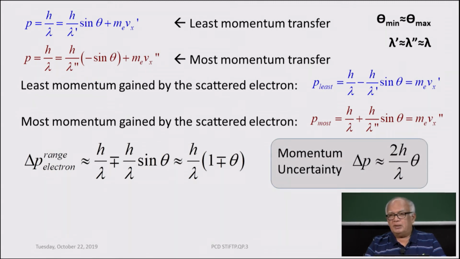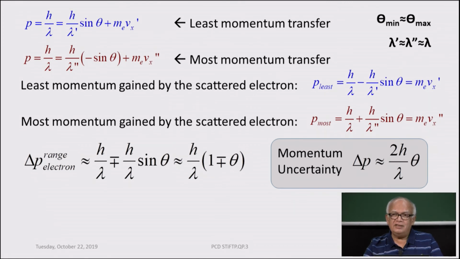And this is the minimum uncertainty, and if you want to reduce it further, you are going to have to make lambda large, because you see that it goes as 1 over lambda. And the more lambda you use, the longer wavelength light you use, the uncertainty in the position would increase.